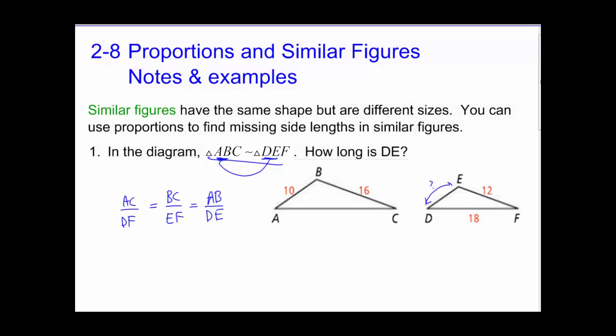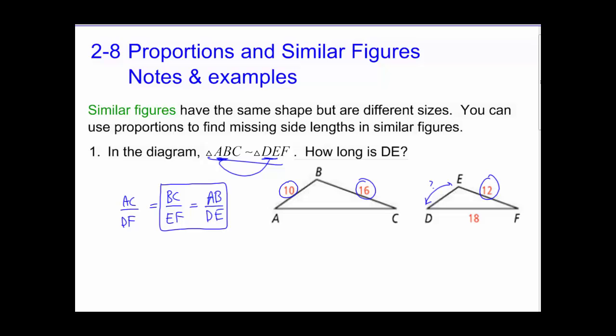We only need two proportions, as we saw in the last section, so let's just stick with BC over EF, which is equal to AB over DE. We have 16 for BC, we have 12 for EF, we need to find DE, which is our x, so we need one more side from ABC, and we have AB, which is 10.